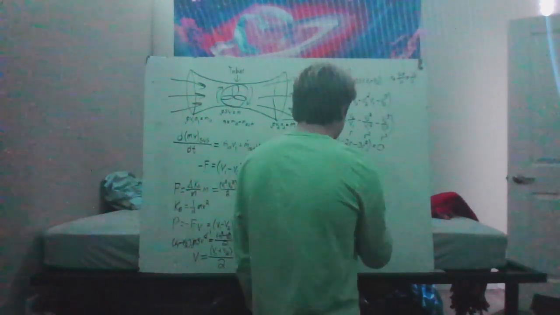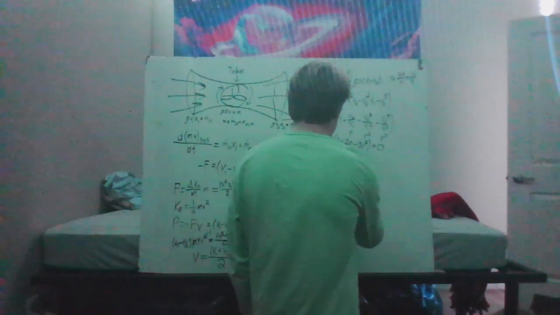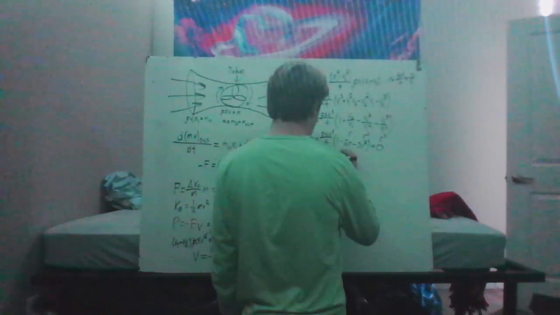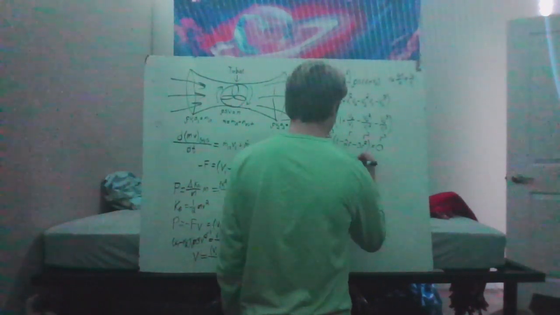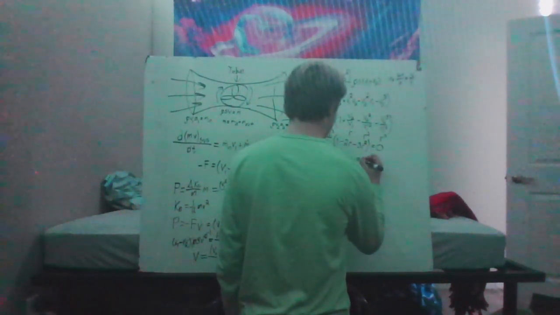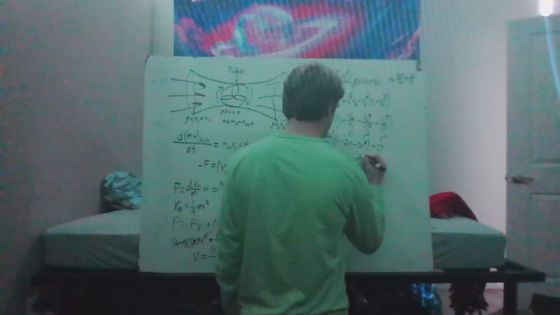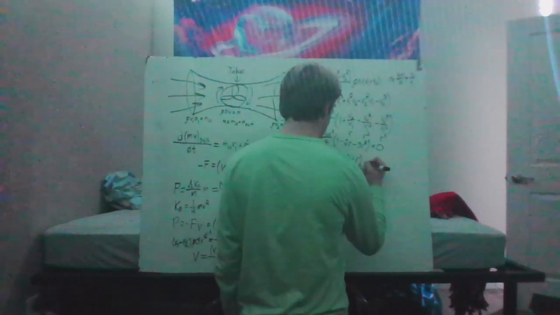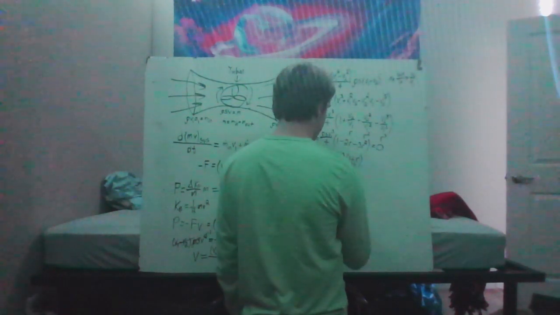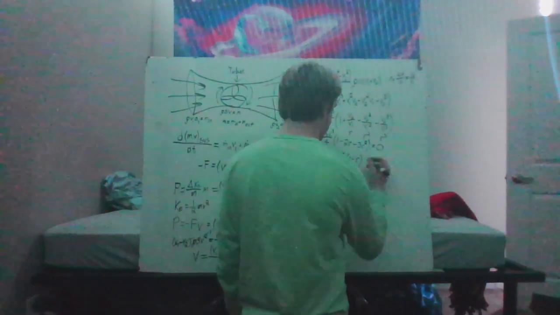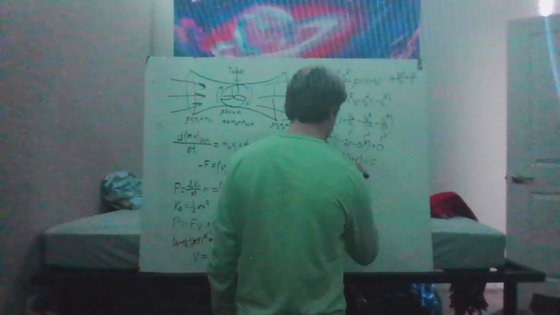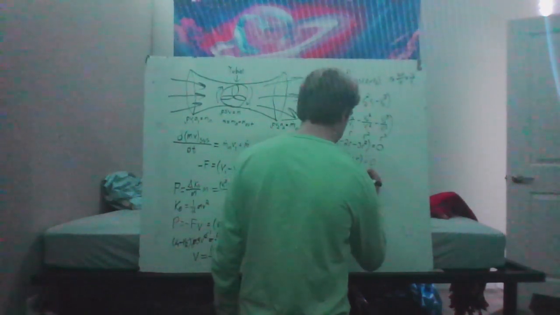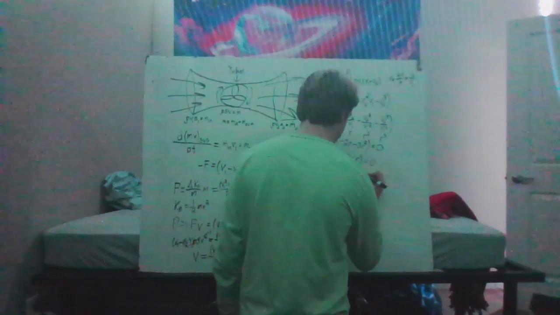If we factor this, we will end up with 1 minus 3r and 1 plus r. Then we'll have r equals 1/3 and -1.